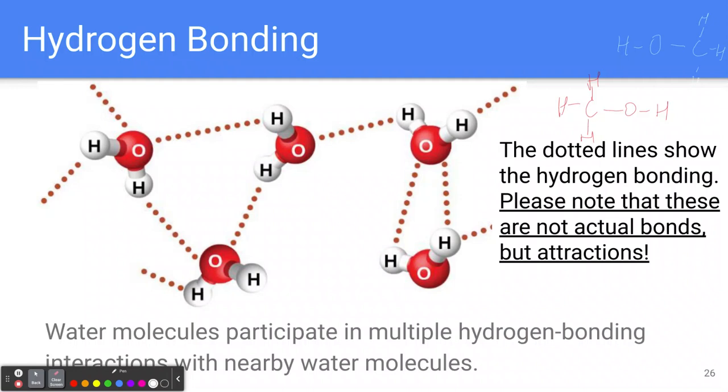And then we'll draw those dotted lines between the hydrogen and oxygens to show how those attract to each other. So that's how we actually visually see these attractions with each other. These are the strongest type of attraction, and again, you need an HF, an O and an H bonded to each other, or an N and an H bonded to each other.